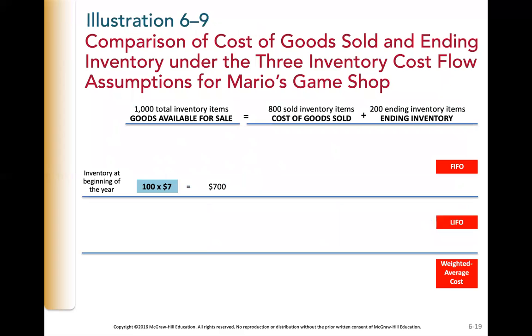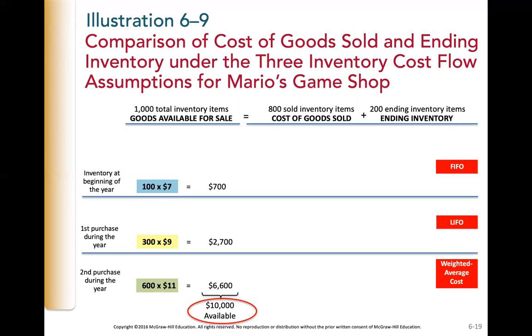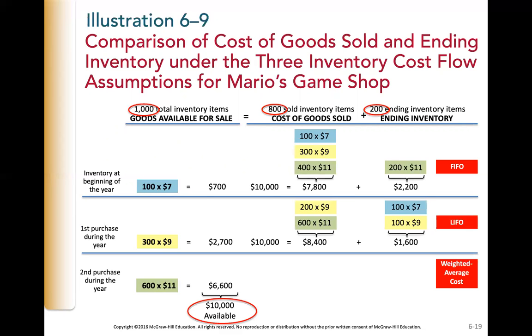So let's compare the cost of goods sold and ending inventory assumption under FIFO, LIFO, and weighted average. In each of the examples, we had 1,000 total units available for sale. We sold 800 units and had 200 in ending inventory.